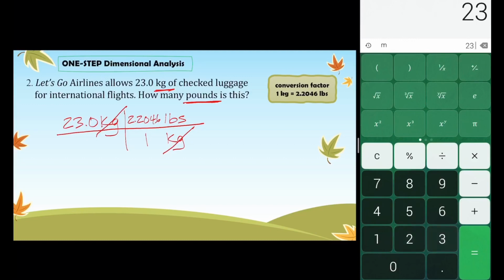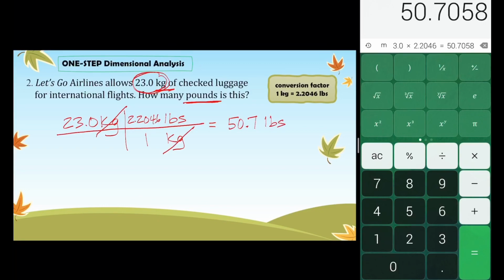So 23.0 times 2.2046. And that comes out to 50.7058. Once again, we have 3 significant digits in our given value. So we're going to round our final answer also to 3 significant digits. So 50.7 pounds is our answer.